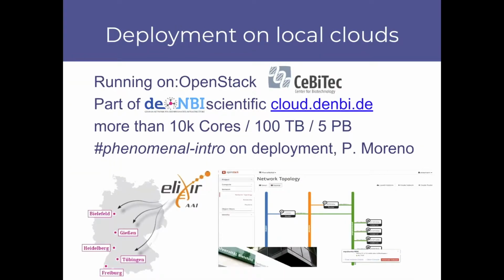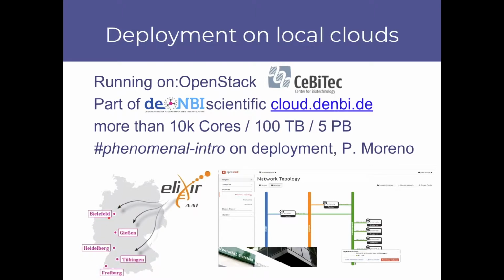The demo I'm going to show, and Pablo mentioned the deployment yesterday, is running on the OpenStack instance at the Center for Biotechnology at the University of Bielefeld. This is part of the scientific cloud operated by the German Network for Bioinformatics Infrastructure, which has different locations across Germany. So I'm running now in the Bielefeld part of the cloud.